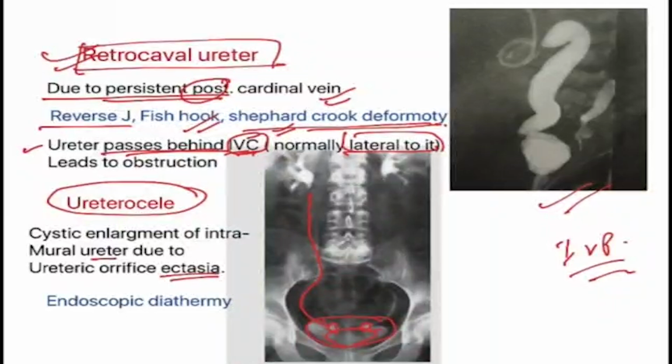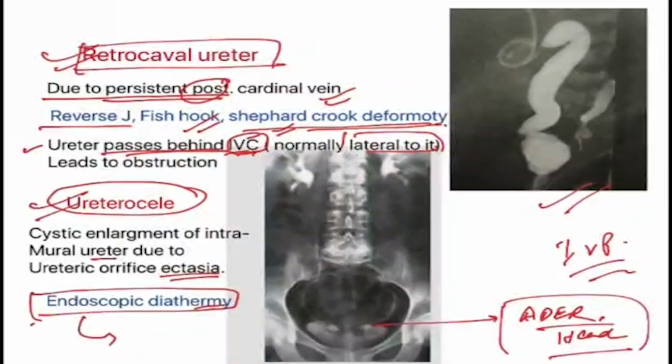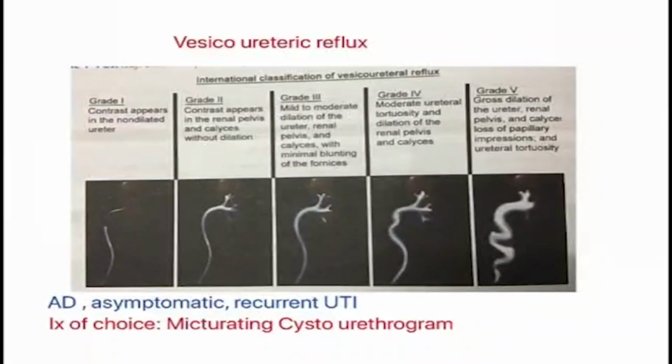This is due to the ureter opening which is having ectasia. So proximal to the ureter opening there is dilatation, and this dilatation is seen on this X-ray. The treatment of choice is endoscopic diathermy. So via ureteroscope the ureteric orifice is diathermized and the obstruction is relieved.